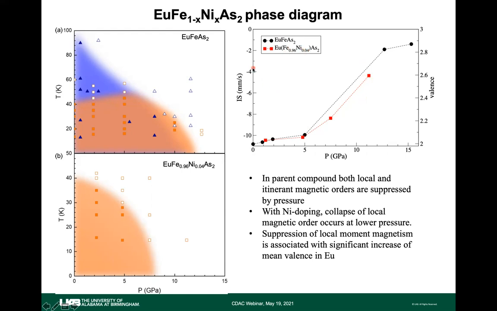If we assume the change of isomer shift is coming from the 4f electron change, and we linearly extrapolate the valence, then we expect to have almost a fully trivalent state above 15 GPa in both systems, if we extrapolate the red curve for the nickel doped system to higher pressure.